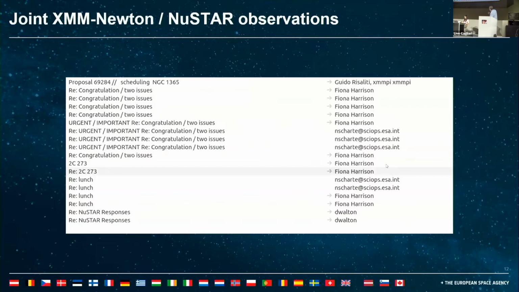And here is a little bit of my emails from this time. I sent an email, congratulations to Fiona. Then we have 3C273. I think we made a joint observation for calibration. I was looking for the detector response, and it needed then 10 years to get this calibration at the end.